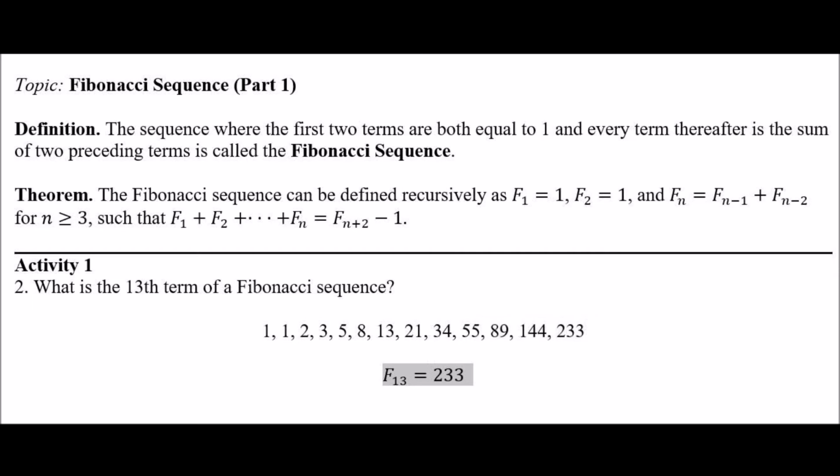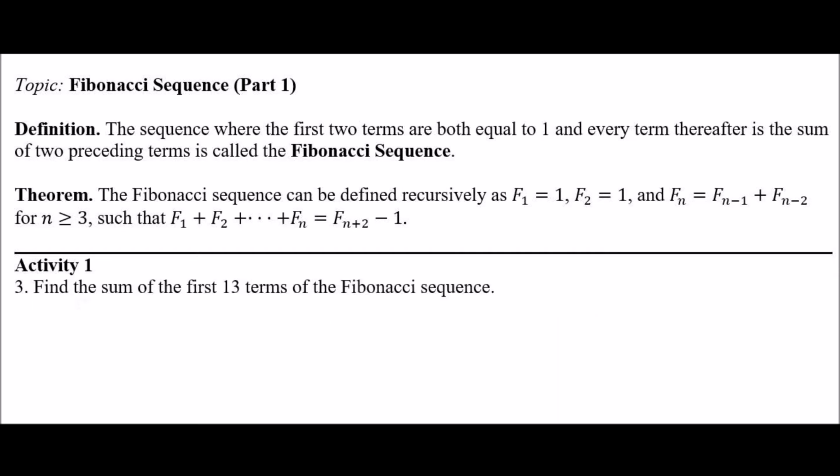That is our answer. In number 3, we need to find the sum of the first 13 terms of the Fibonacci sequence. In number 2, we already have the first 13 terms, from 1 to 233.